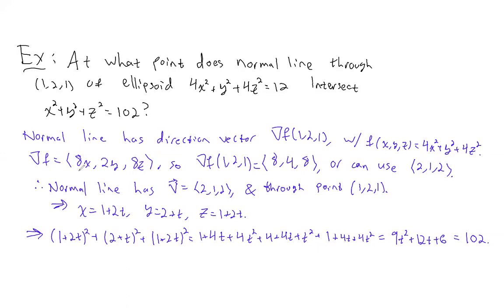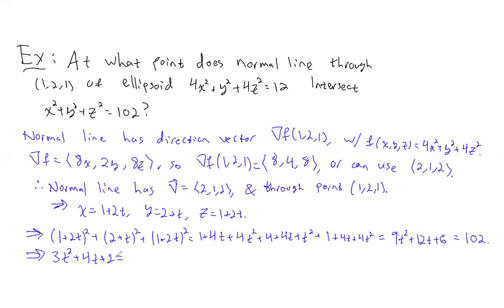Now you can divide that equation by 3 to make our lives a little bit easier. 102 divided by 3 is 34, I think.